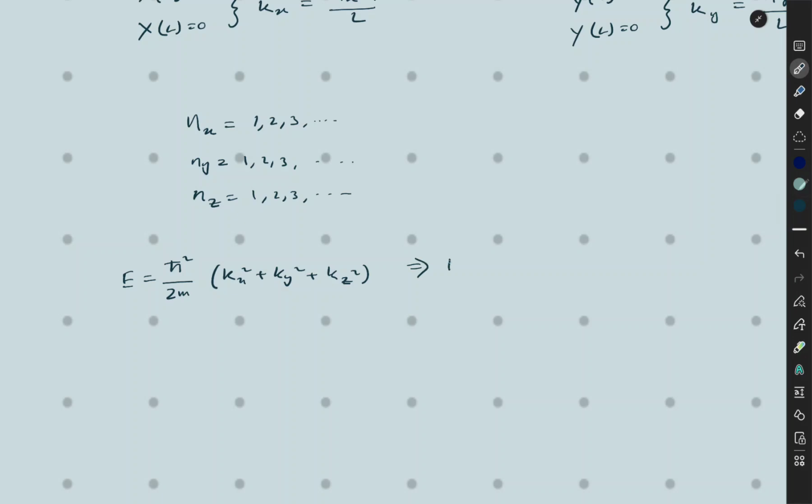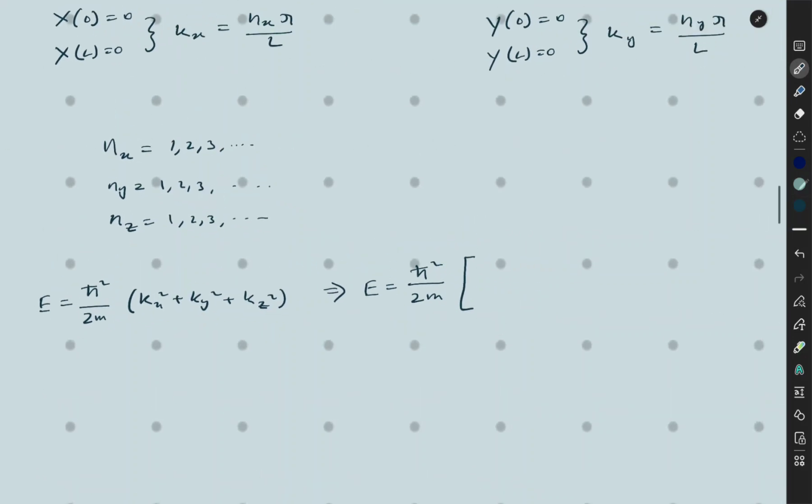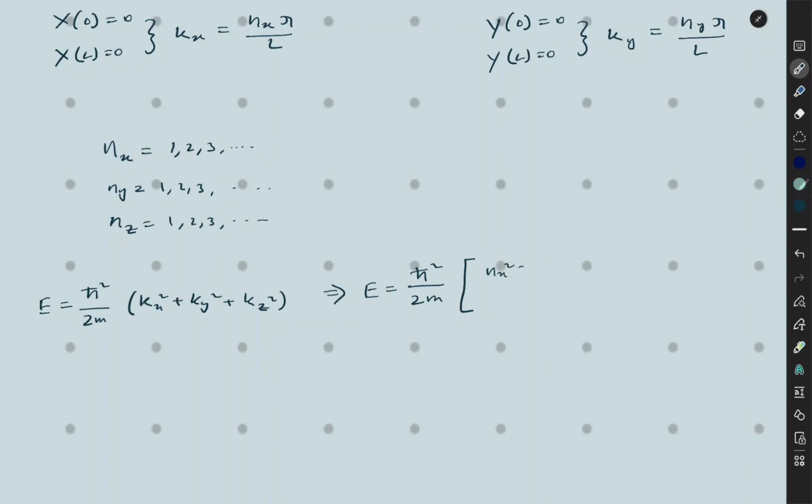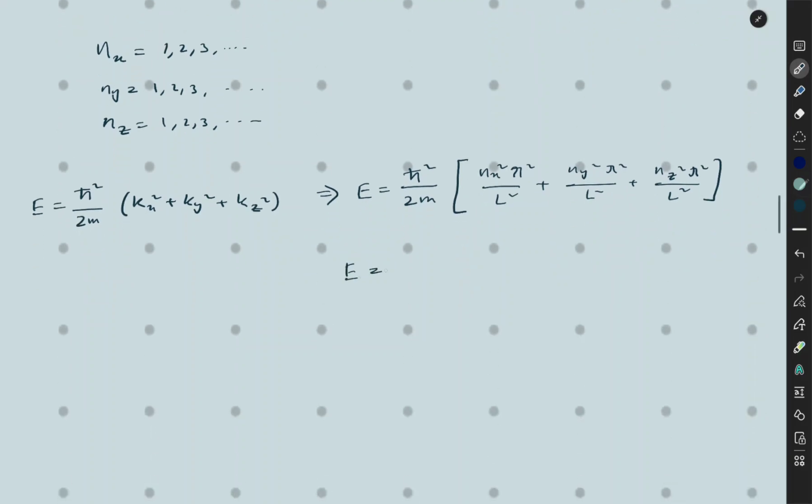So it brings us to energy equal to h cut square by 2m, and this will be nx square pi square by L square plus ny square pi square by L square plus nz square pi square by L square. So it gets simplified like this: h cut square by 2m, and we are taking L square common and also pi square common.